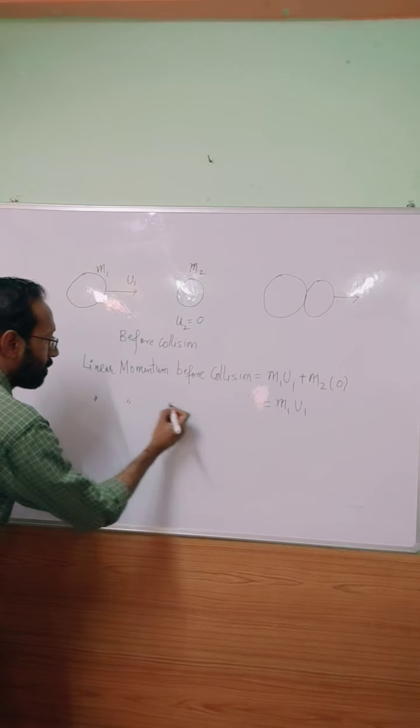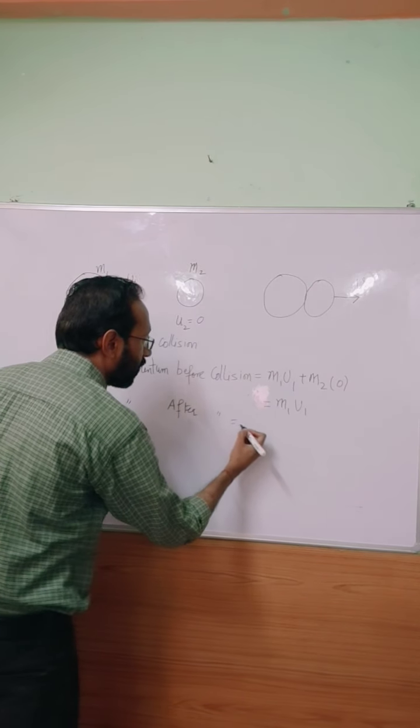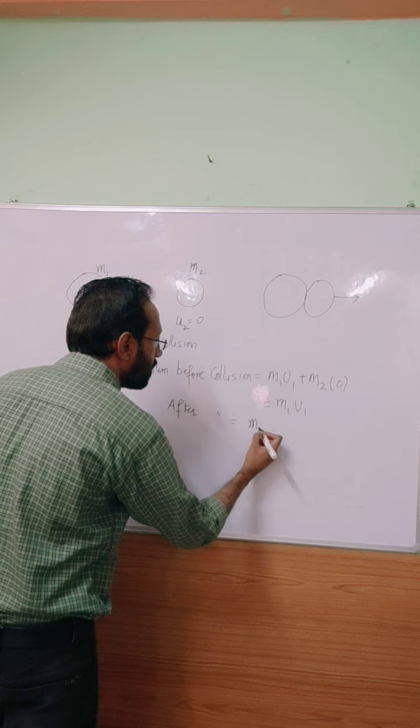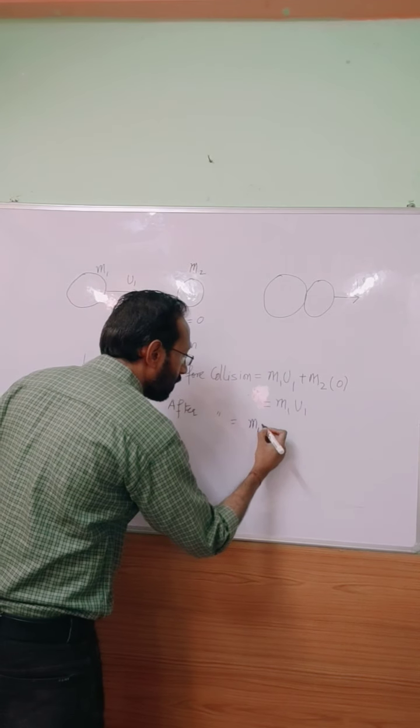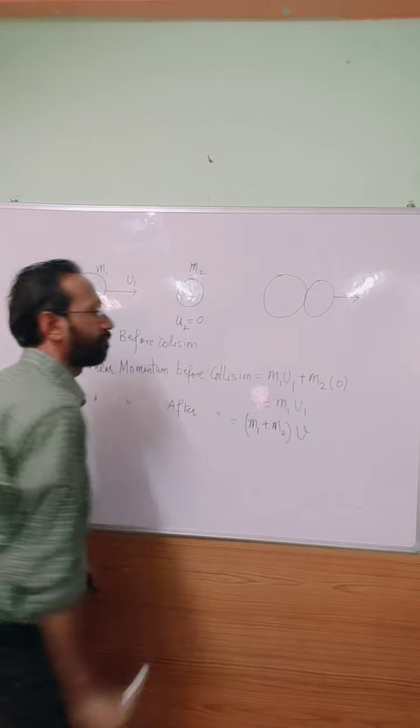Linear momentum after collision will be m1 v plus m2 v, where v is the common velocity.